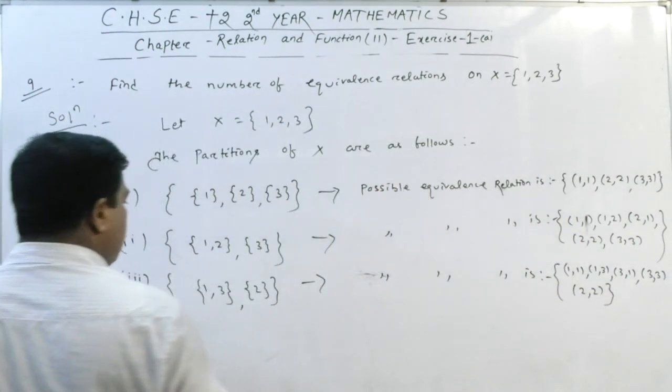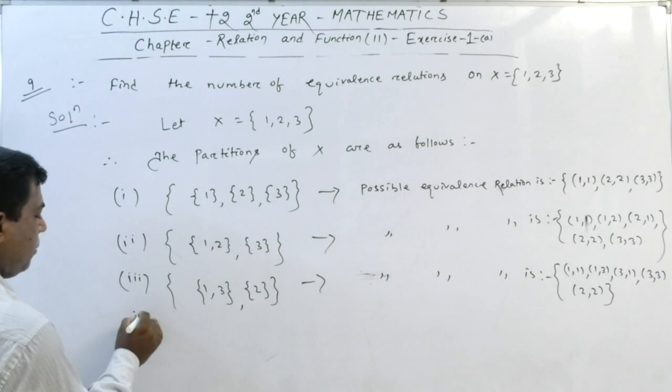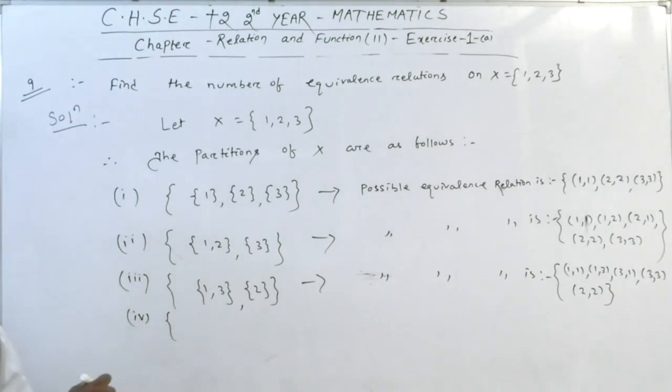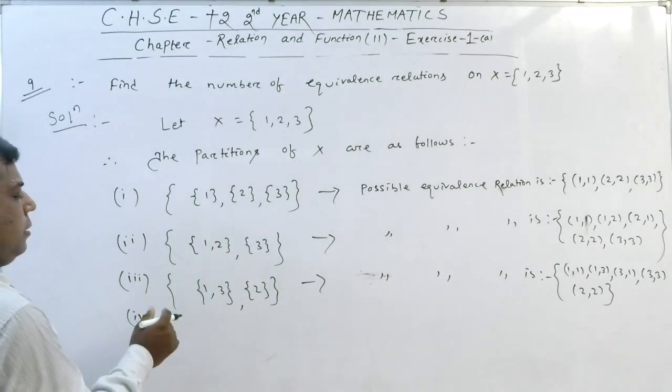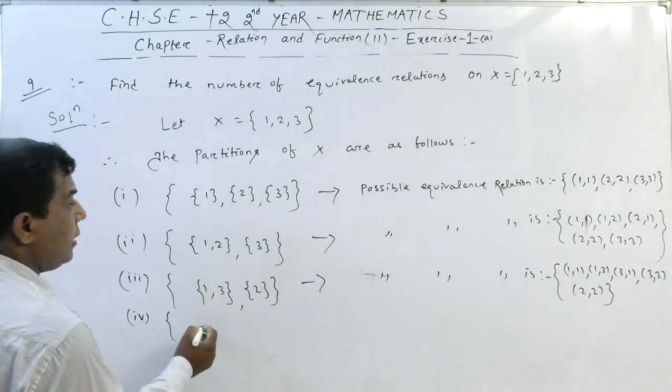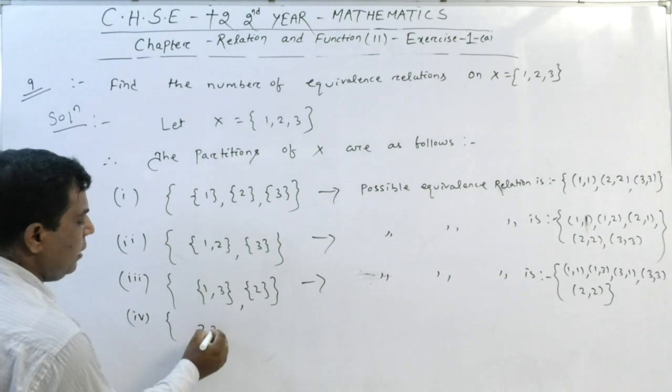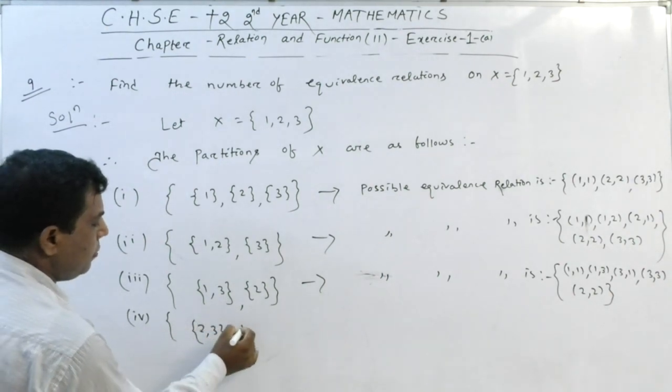Okay, and next, I can write {2, 3} and {1}.